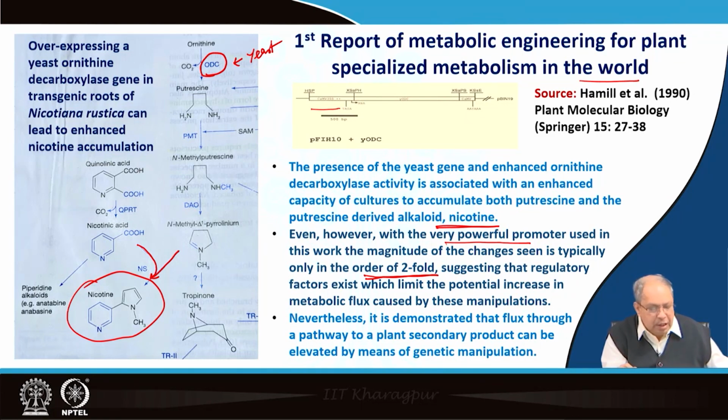This basically suggests that the flux control is somewhere downstream in the pathway. So, just overexpressing an upstream enzyme may not be able to do the job, but nevertheless it demonstrated for the first time that it is possible to manipulate the specialized pathway by overexpressing a heterologous gene. That means genetic manipulation of plant specialized metabolic pathways became a reality after this paper.